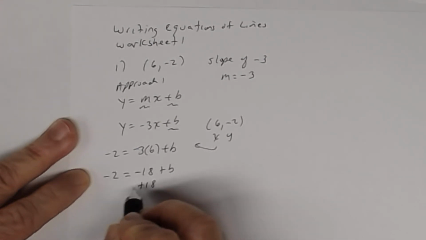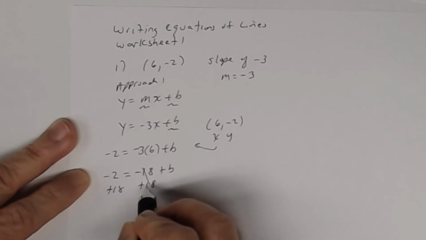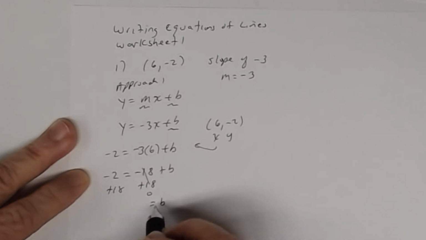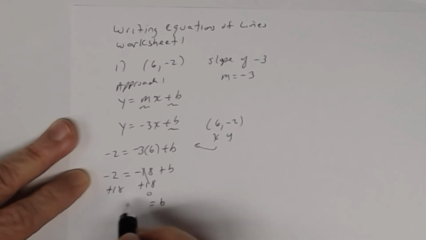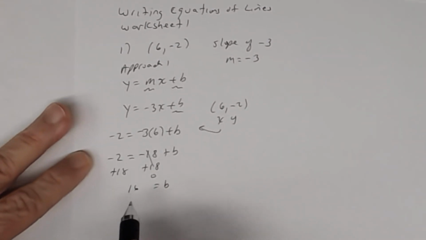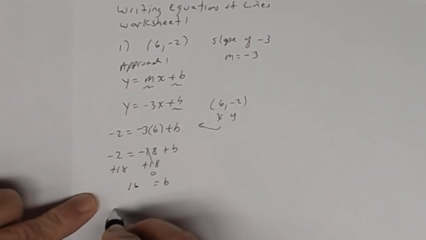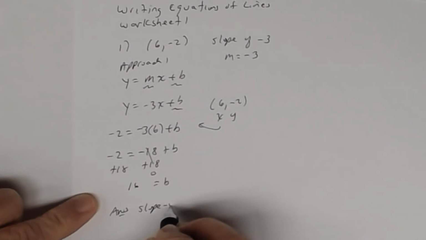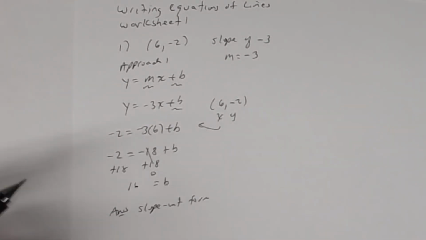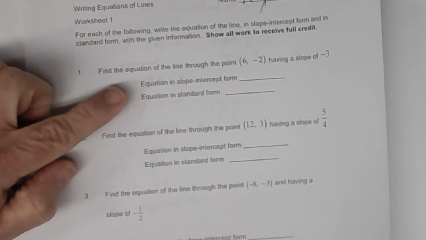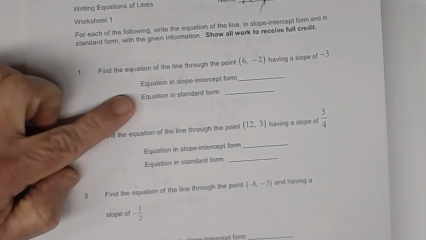Adding 18 to both sides and combining like terms, I get my y-intercept is going to equal -2 plus 18, which is 16. So now you know your y-intercept. Listen carefully: the answer in slope-intercept form, because remember you have to write it in both slope-intercept form and standard form.